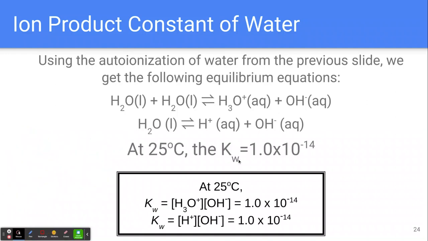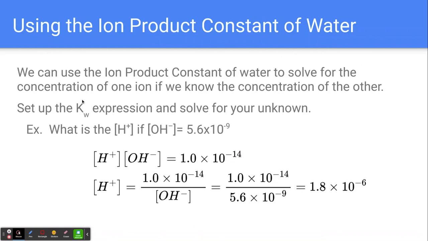Now, if we want to take a look at an example, what is the proton concentration if the hydroxide concentration is 5.6 times 10 to the negative 9th? So this expression is the one that you will be given on your exam, okay? And you need to be able to use that and rearrange it to solve for some different products.